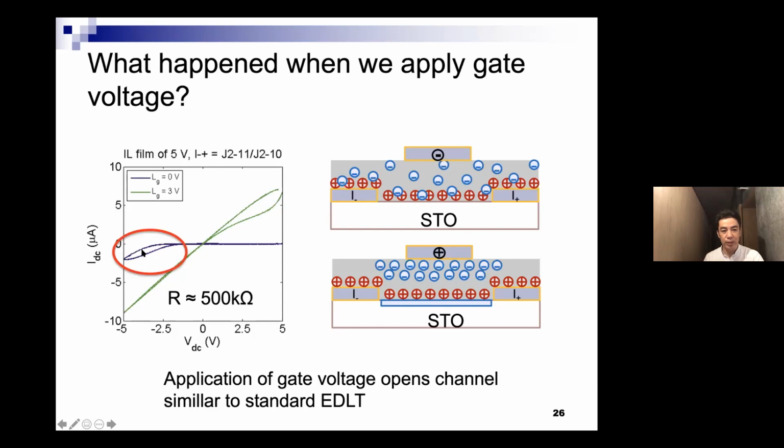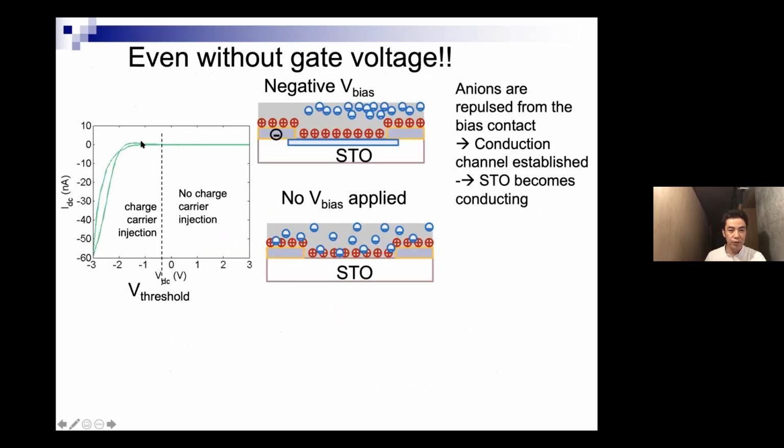We don't apply the gate voltage, but still the current is flowing. How can I explain? If you zoom in on this current, it is like this. So when we apply the positive gate, there's no charge carrier injection. But if we apply the negative voltage, what I mean is we apply the voltage between the source and drain, not the gate.